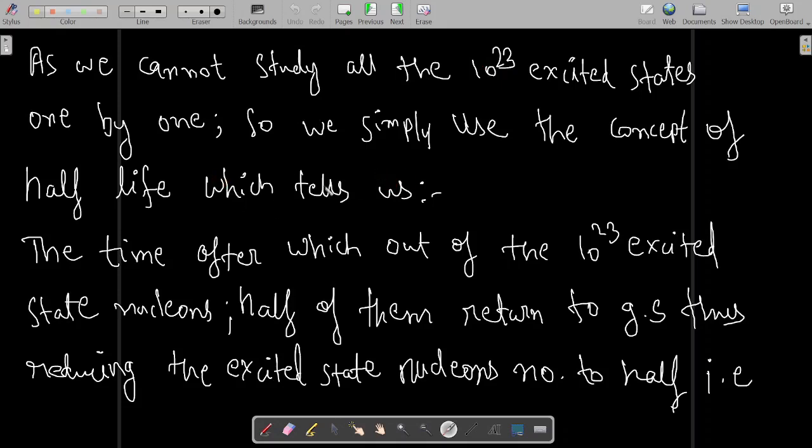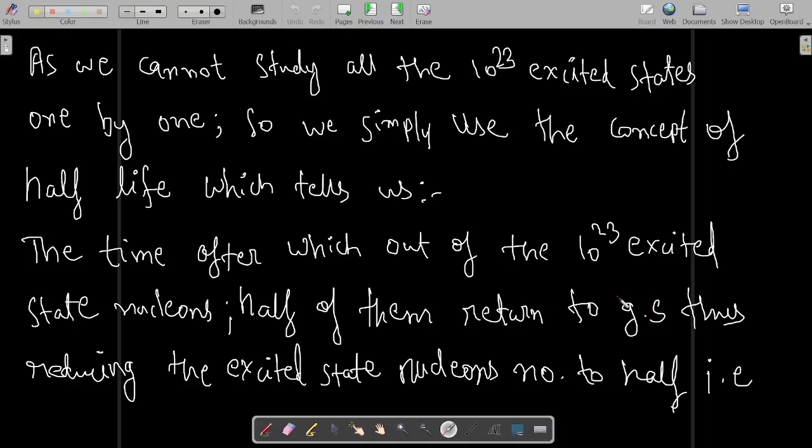Which tells us the following: the time after which out of the 10 to the power 23 excited state nucleons, half of them return to the ground state. That is, the concentration of excited state reduces to half.